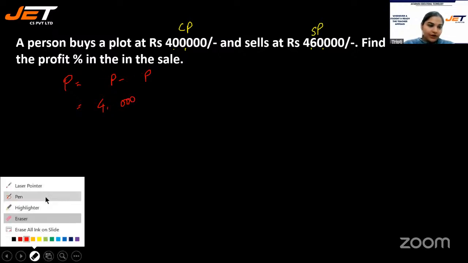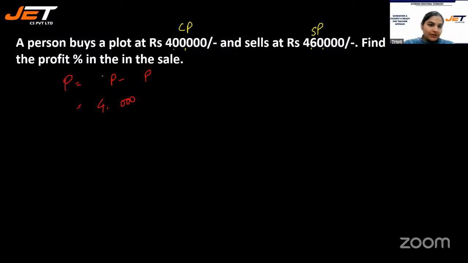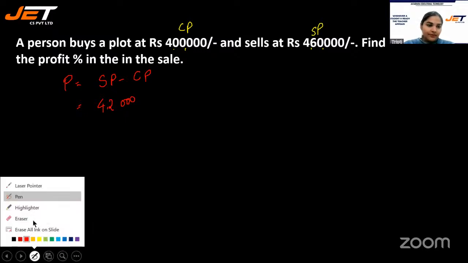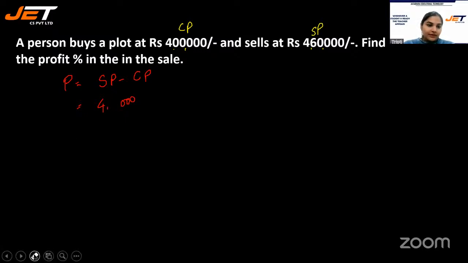So here, this is selling price minus cost price. Selling price is 4 lakh 60,000. Cost price is 4 lakh. So the profit is 60,000.